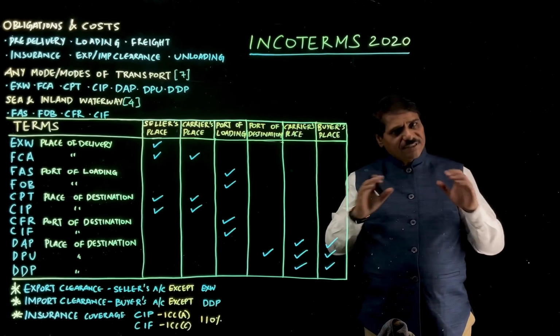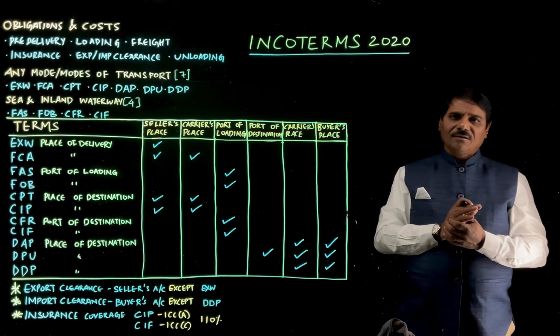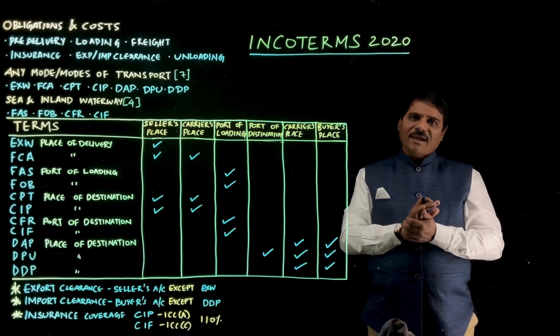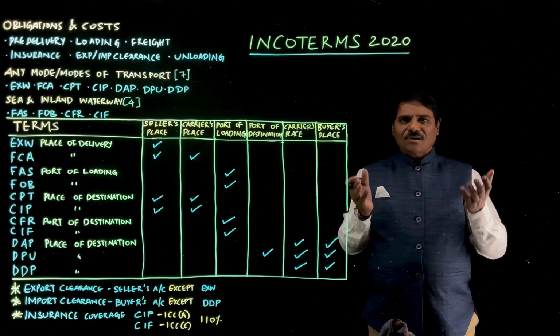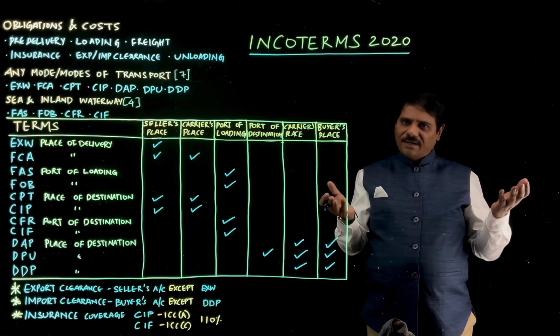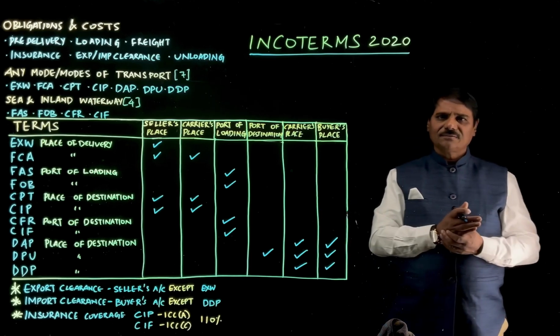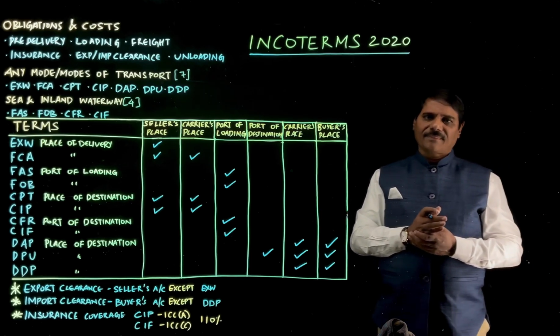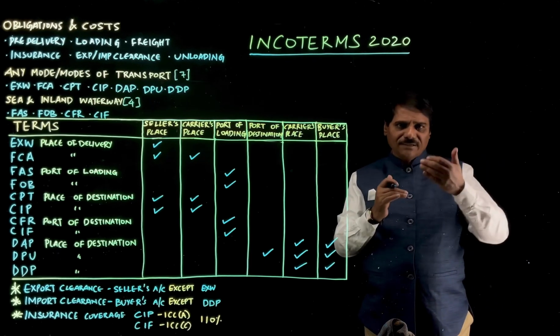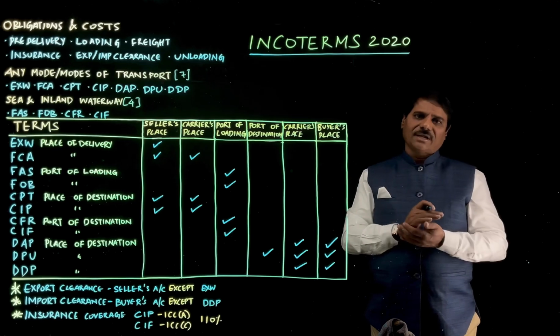However, if you can specify all seller's and buyer's obligations, and it is a common understanding, common language between buyer and seller, then it is fine. But you can minimize the size of the contract.